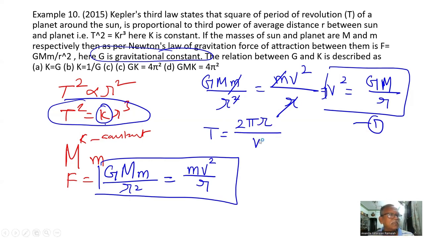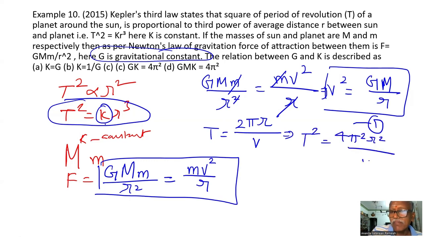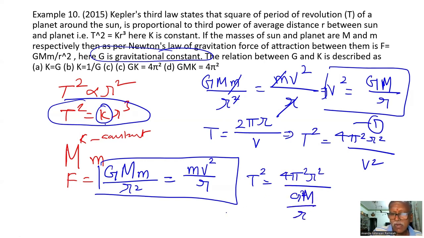That is time period. Therefore, T square equal to 4 pi square r square divided by v square. Substitute that v square here. Therefore, T square equal to 4 pi square r square divided by G M divided by r, or T square equal to 4 pi square r cube divided by G M.